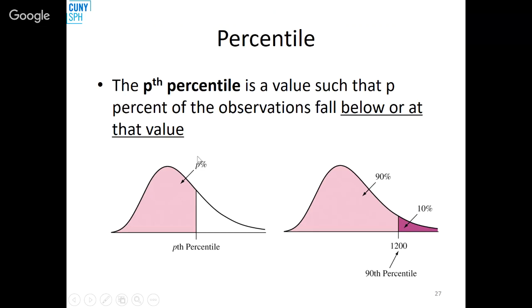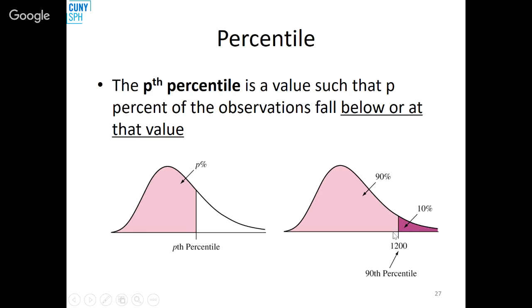Also, just to get this written down for you, percentiles are the value such that for the pth percentile, p% of the observations fall at or below that value. So if you were to draw the distribution out as this density plot, at the pth percentile, you have this p percentage below and 1 minus p% above that percentile.